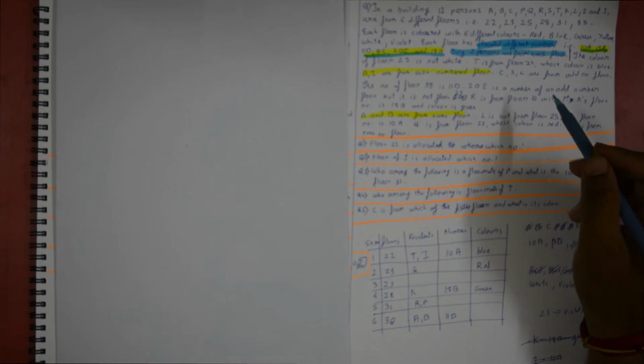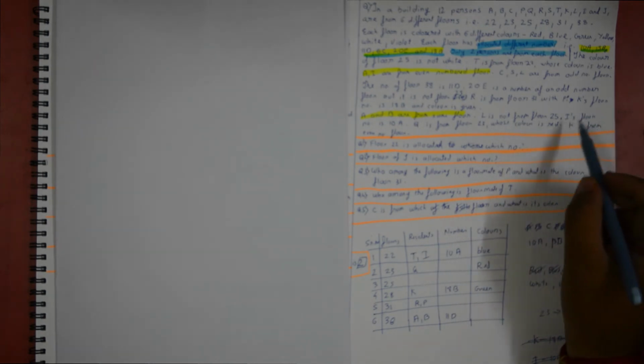It cannot be for 25. That is what it said. R is from floor number 31. K's floor is 18B, already used. A and B already used. L is not from floor 25. Okay. Let's see, Q is from floor number 23.